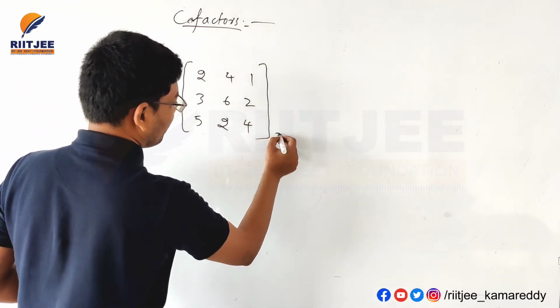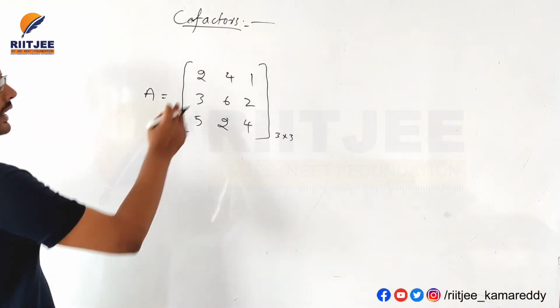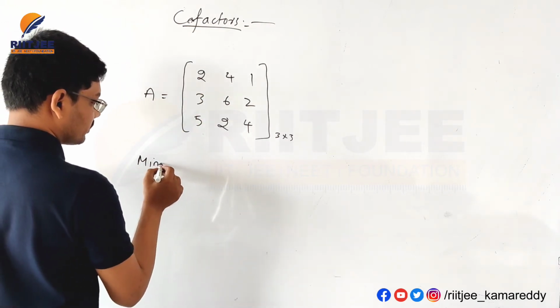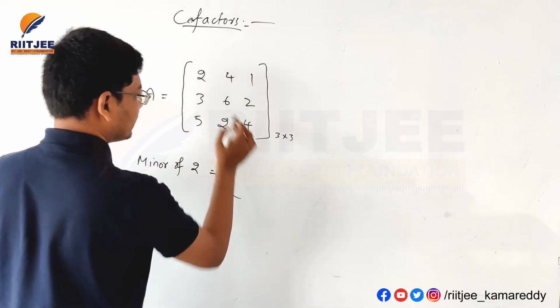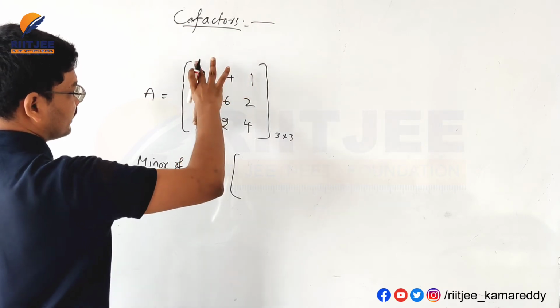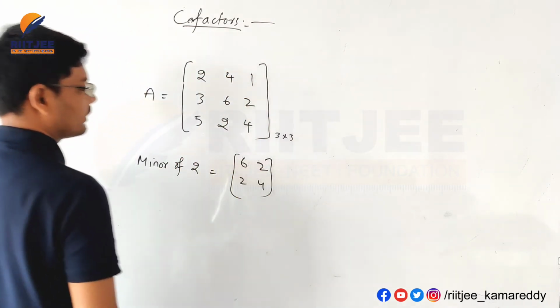This is a matrix of order 3 by 3. If you want to find the minor of 2, eliminate the row and column which has 2. I am eliminating this row and this column. 6, 2, 2, 4. This is the minor.